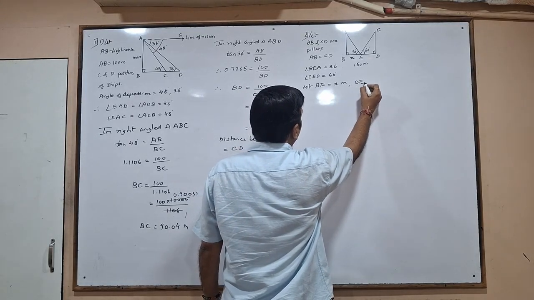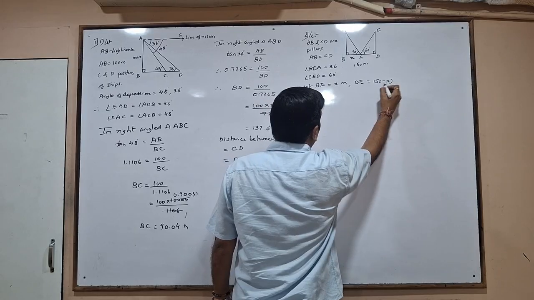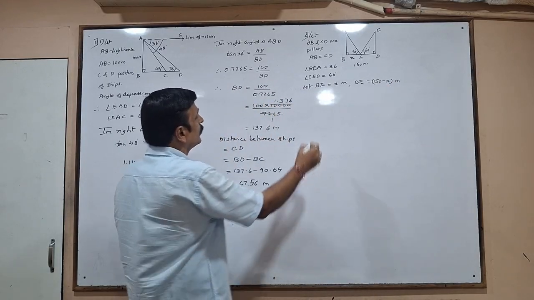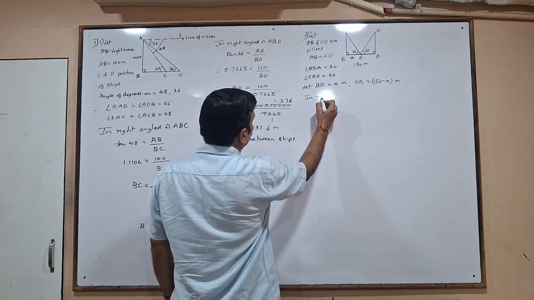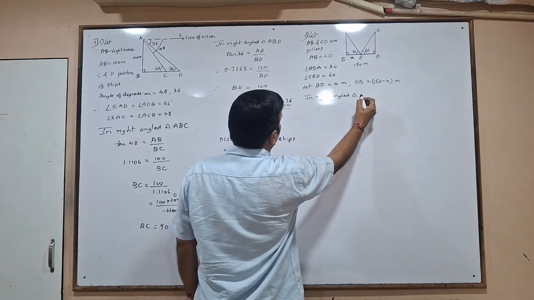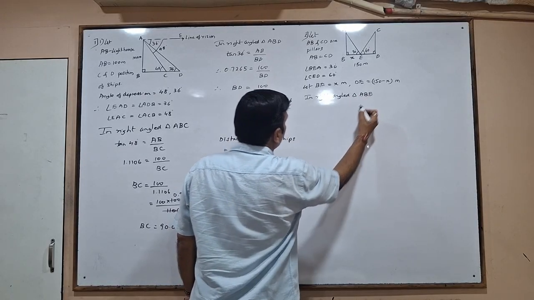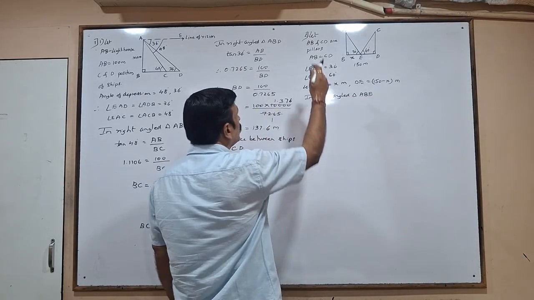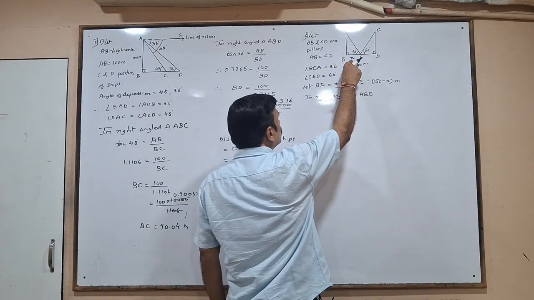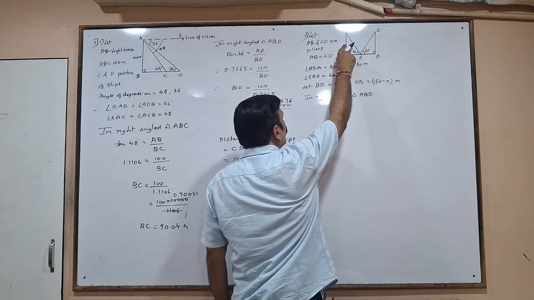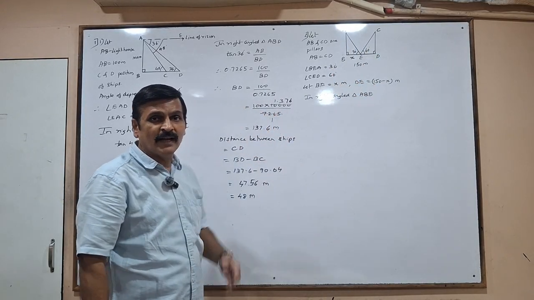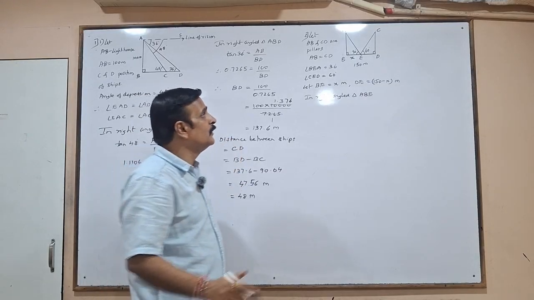So DE will be 150 minus x meter. So in right angle triangle ABE, I'll go for tan. Why tan? Because the base is x and the opposite sides of these two angles, or the perpendicular sides of these two angles, are equal.